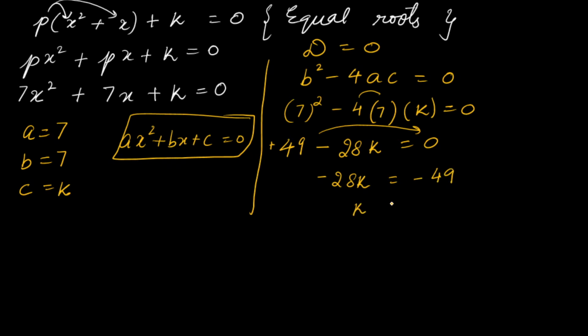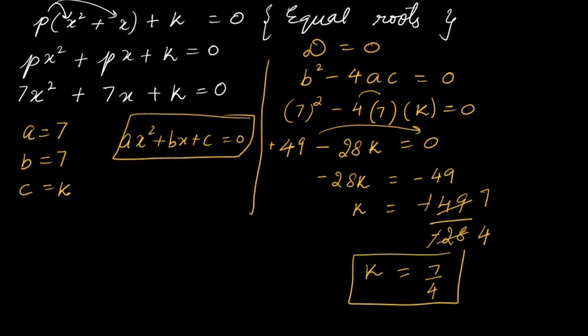Now we have to find k's value, that means 28 we will shift to the other side. So when we shift minus 28 to the other side, it will get divided, as here it's getting multiplied. So we'll get the value of k as, cancellation we can do on 7's table. 7 into 7, 7 into 4. So k is equal to 7 by 4.